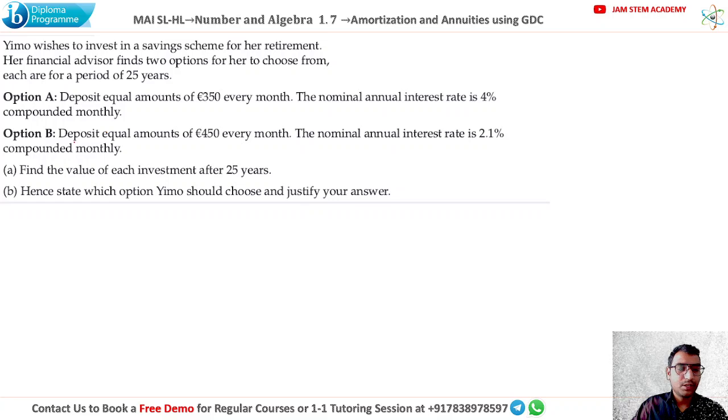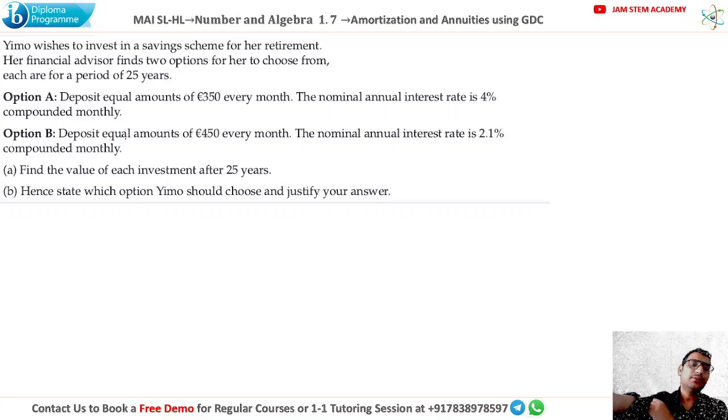Option B says this time pay 450 every month, but the nominal interest is 2.1%, also compounded monthly. Find the value of each investment after 25 years. First we have to calculate that value, and after that state which option is good for her.